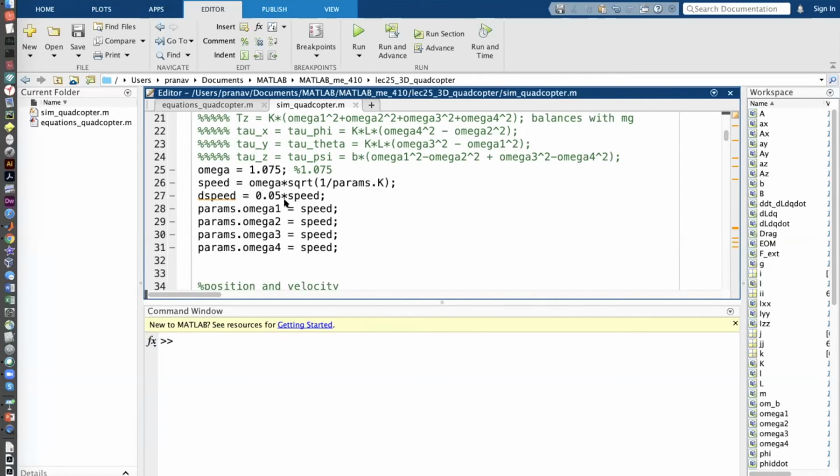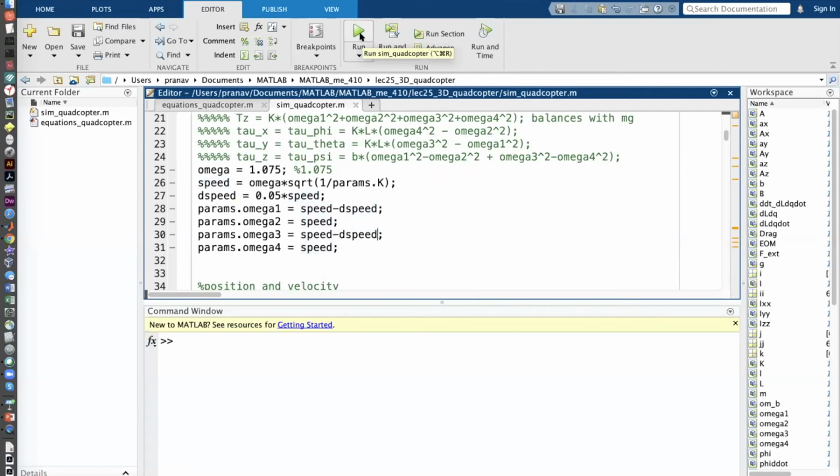So, for example, if I put a differential here, a d speed, and I change the speed of omega 1 and omega 3, which happen to be the motors spinning in the counterclockwise direction when viewed from top.